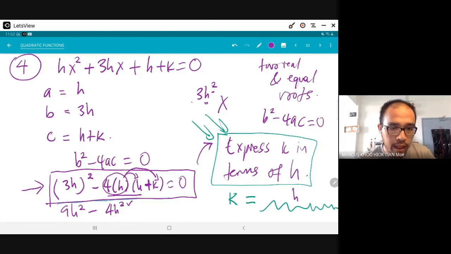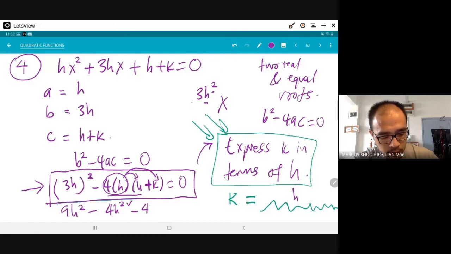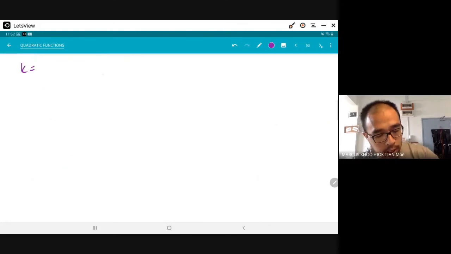And then after that, 4h times k will give you 4hk. Minus 4hk equals to 0. Okay, get this right now, Mr. Wong. All right, so we are there: 9h squared minus 4h squared minus 4hk equals to 0.